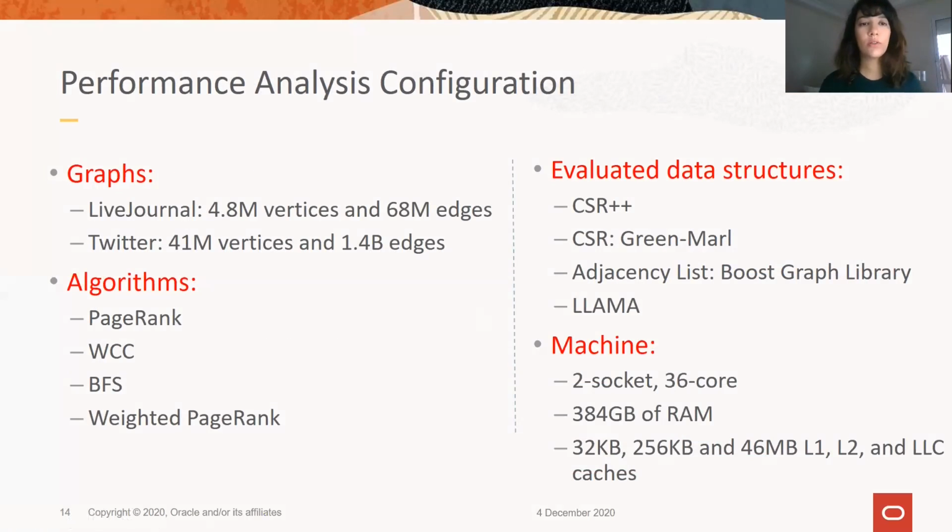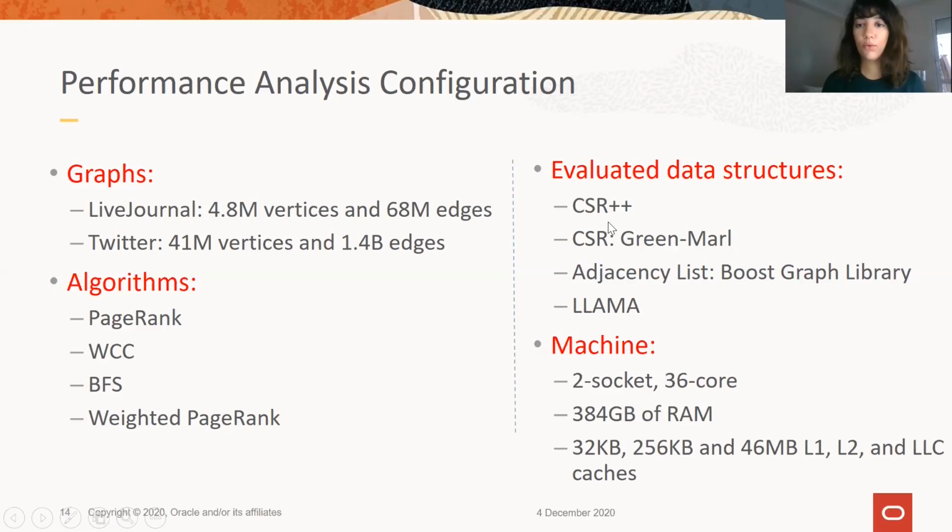So next, we're going to talk about the performance analysis breakdown of CSR++ compared to other systems. I'm going to give the performance analysis configuration first. The graphs that we used are LiveJournal and Twitter. LiveJournal has 68 million edges. Twitter has 1.4 billion edges. For the algorithms, we used PageRank, weakly connected components, breadth first search, and weighted PageRank.